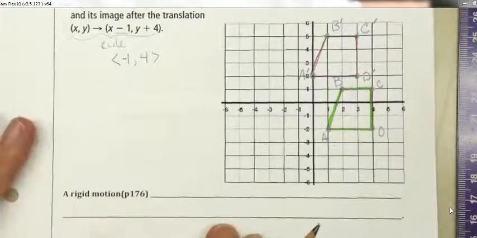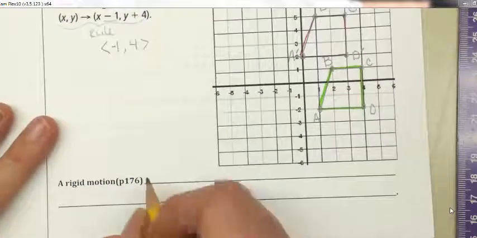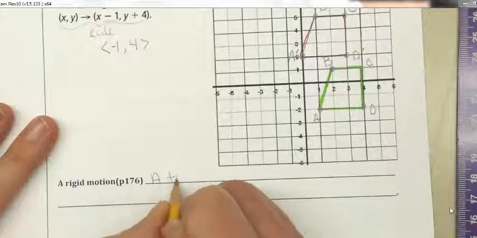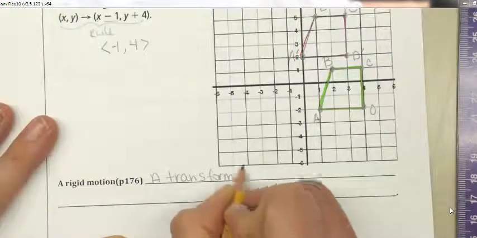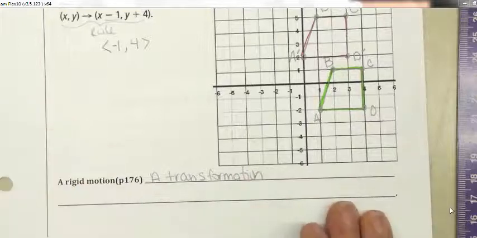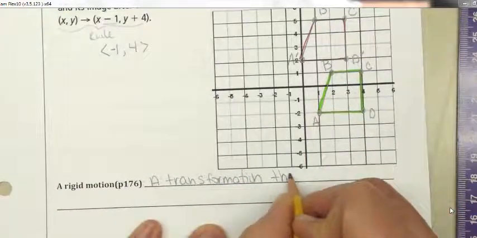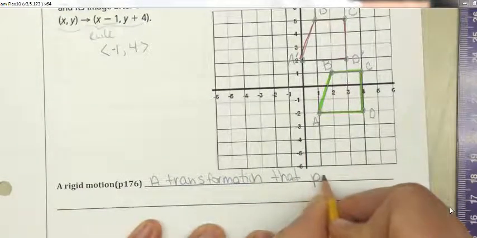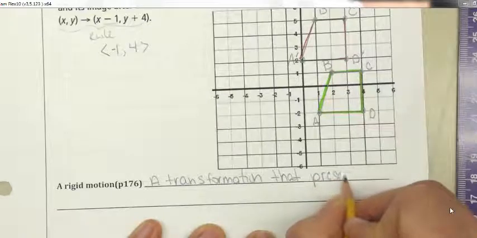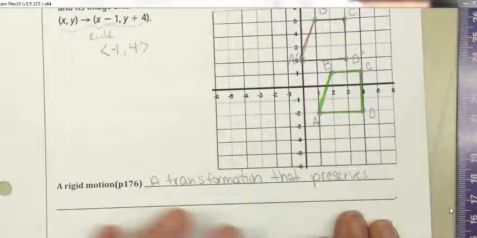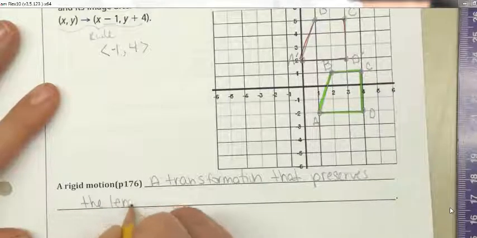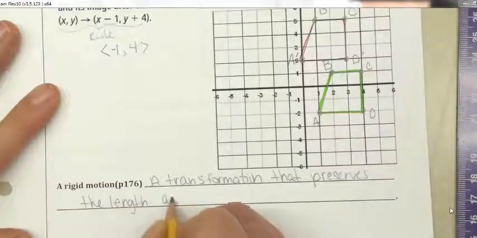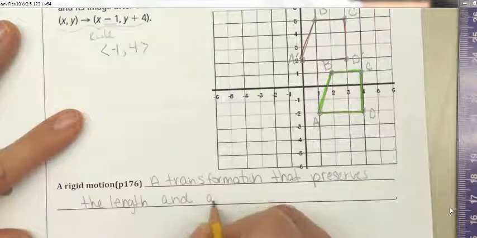Okay, what is a rigid motion? So a rigid motion is a transformation that preserves the length and angle measure.